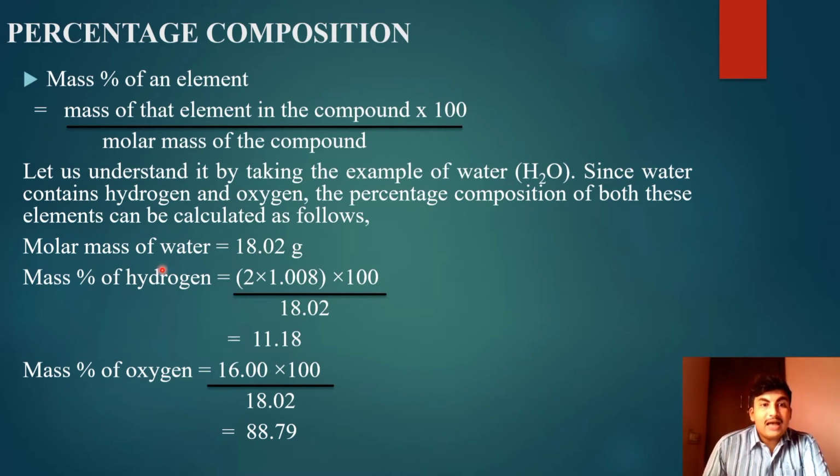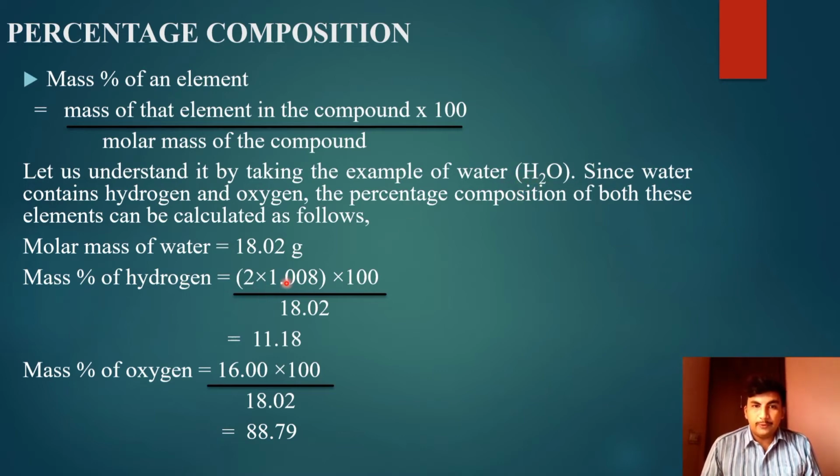Then mass percentage of hydrogen. In water, what is the mass percentage of hydrogen? So you write this formula. After that, mass of that element in the compound. Mass percentage of hydrogen means hydrogen is the element. So how many atoms are present? 2 atoms are present, right?